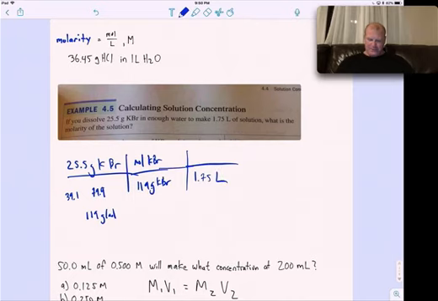Now if you look at these, the units cancel, and you're left with mole KBr per liter. Then just dividing that through, 25.5 divided by 119, you get 0.214 molar KBr, potassium bromide. So that's how you do a problem like that.